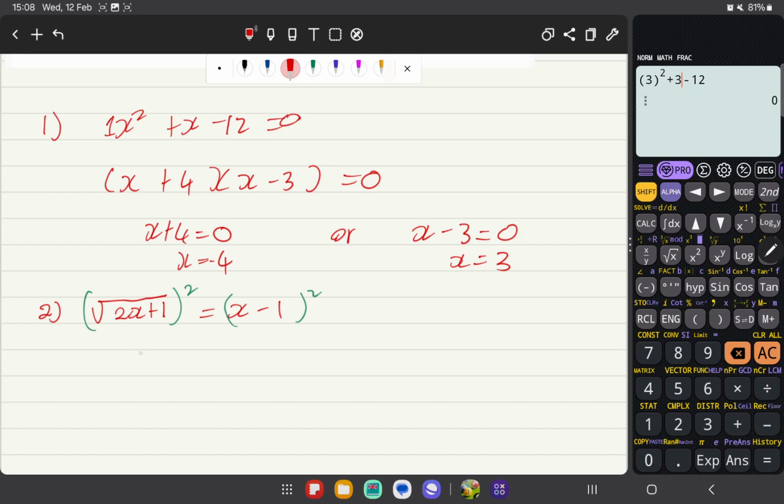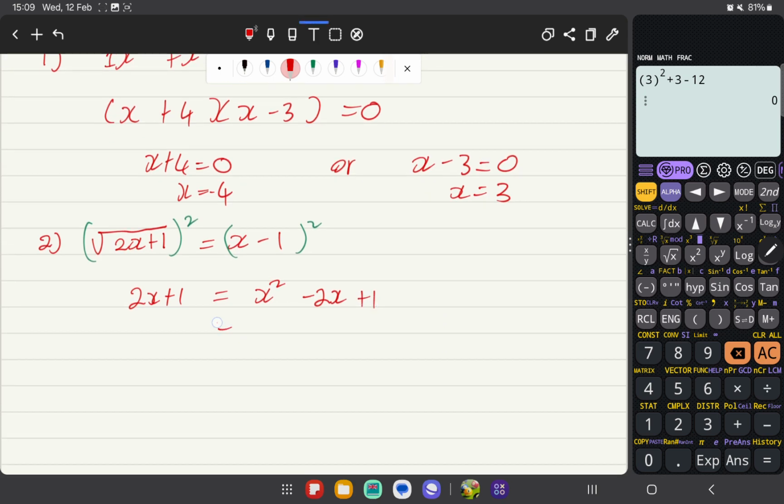We know that the square root and the square are going to cancel out each other, so you have 2x plus 1, and you're going to have x minus 1 squared. So then x times minus 1, that's minus x, times 2, that's minus 2x, and that will be positive 1.